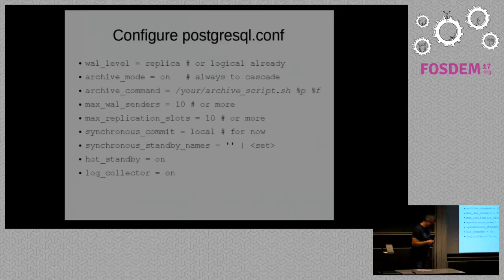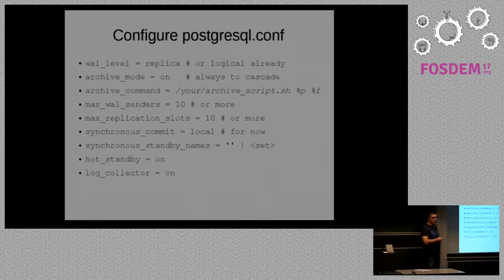Right. Put a script name in there. Like really put your archive script in there with %p, %f. That script could just do an exit 0 by now, but have it there, right?